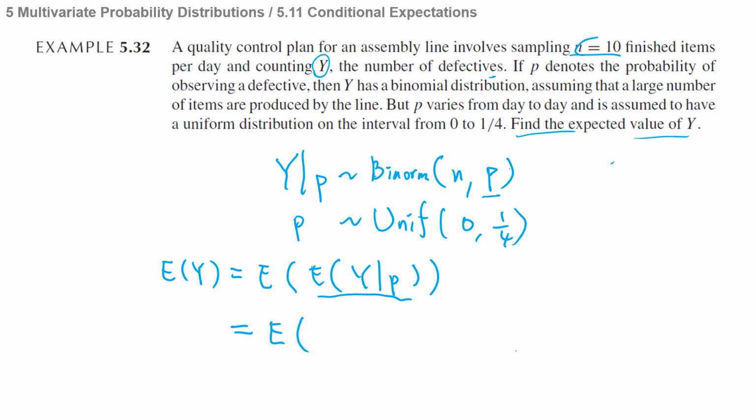N is 10, so it's 10p. And p is uniformly distributed from 0 to 1/4. So 10 times E(p), which is 10 times 1/8, which is 5/4.